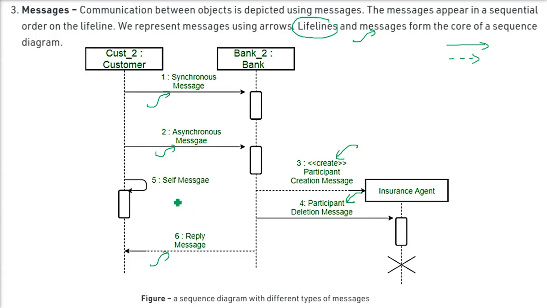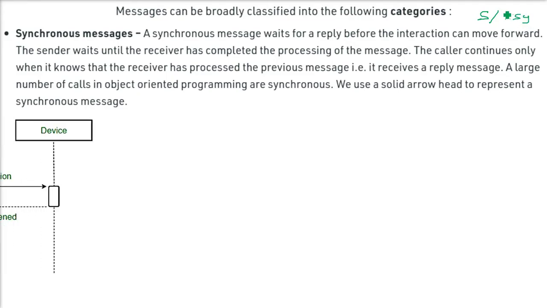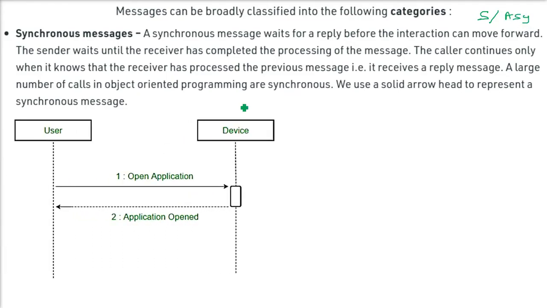The messages can be broadly categorized into two. One is synchronous message, the other is asynchronous message. This synchronous message will wait for a reply, because if the interaction wants to move forward, it will wait. It won't send anything else without the reply coming.